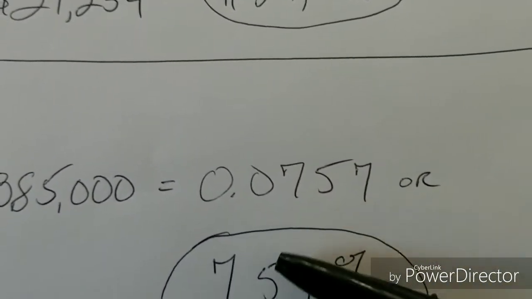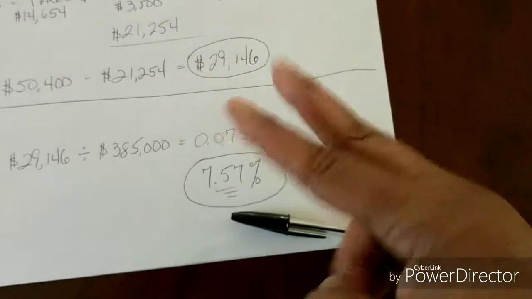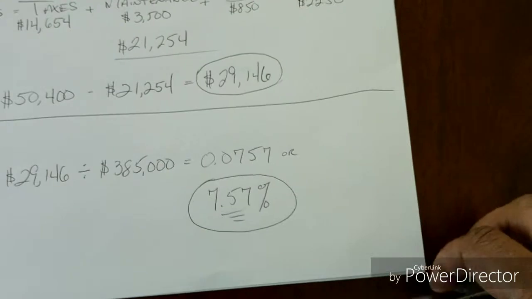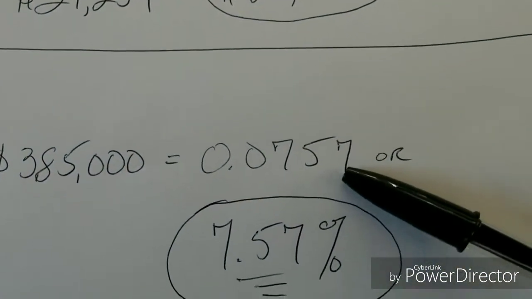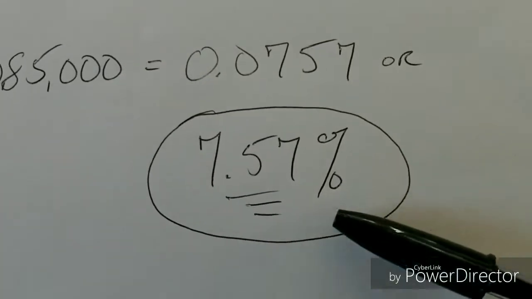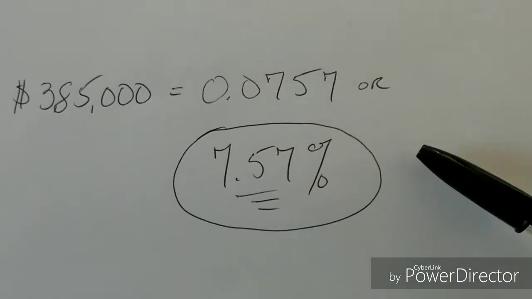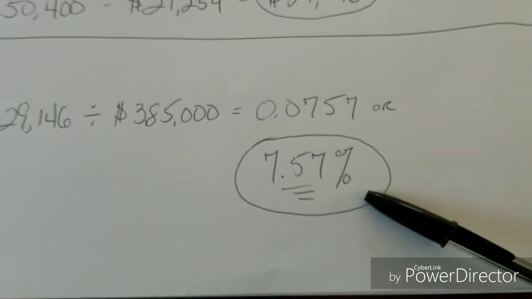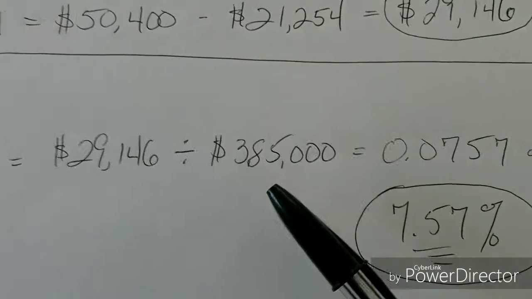But remember, when we are changing it into a percentage form, we multiply that number by 100 and we get 7.57%. So that is our cap rate for that property.